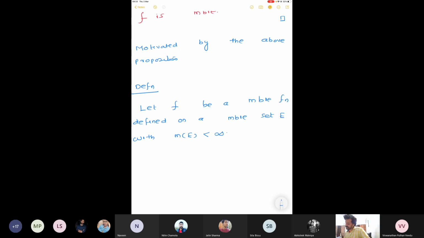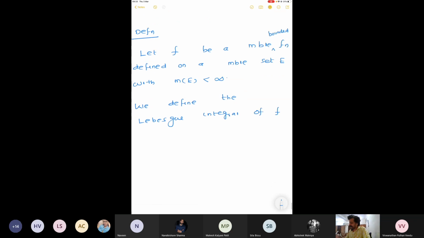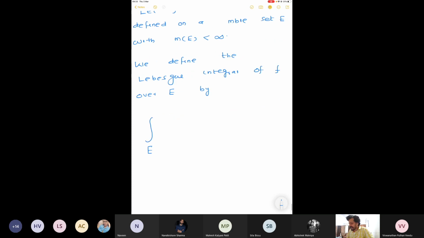And then we define the Lebesgue integral of f over E by integral over E of f dm. I want to complete this definition because this will be our starting point of the next lecture.